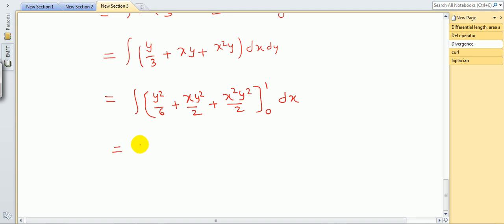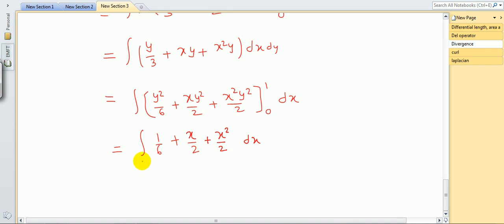So now I will put the values. So it will be 1 by 6 plus, sorry, x will remain, x by 2 plus x square by 2, and dx.